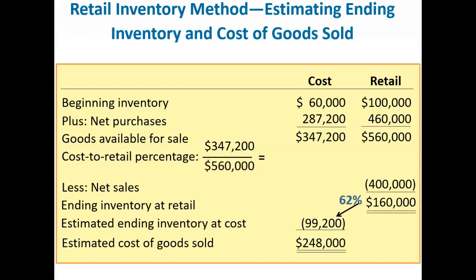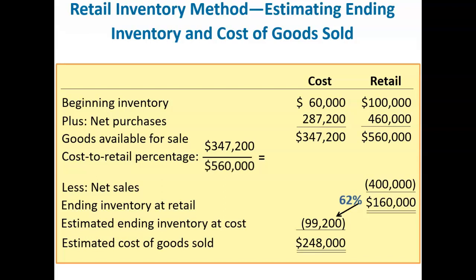The retail inventory method tends to provide a more accurate estimate than the gross profit method because it's based on the current relationship between cost and selling prices rather than the historical gross profit ratio.